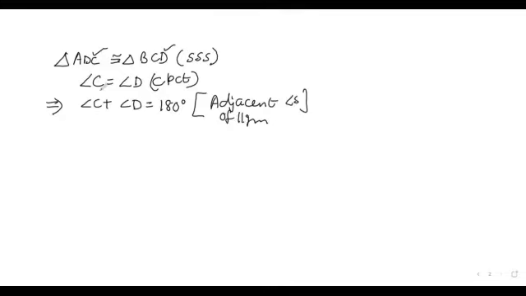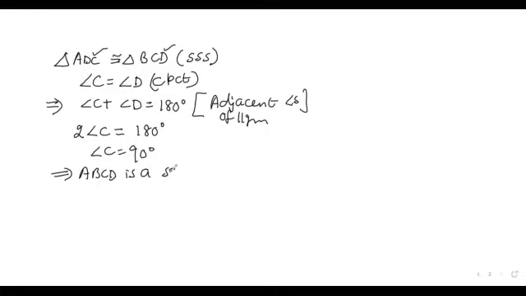So we have proved that angle C is equals to angle D. So we can easily have twice of angle C is equals to 180 degree. Angle C is equals to 90 degree. So all the parts are proved. So this implies ABCD is a square. Hence proved.